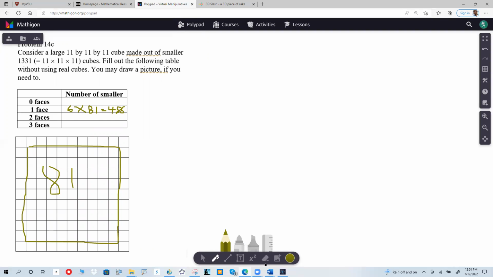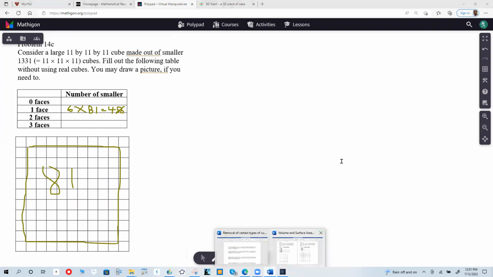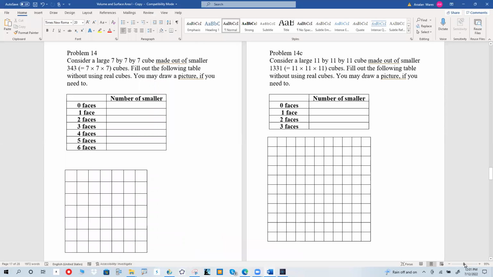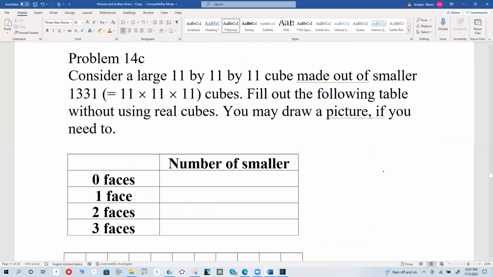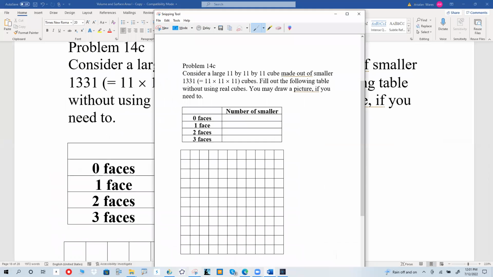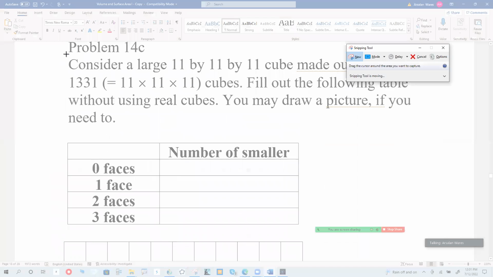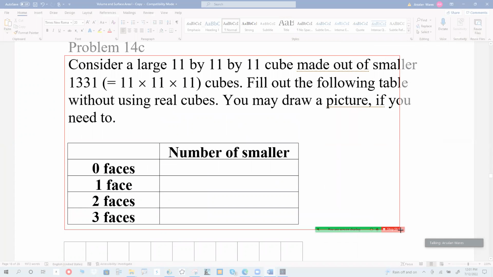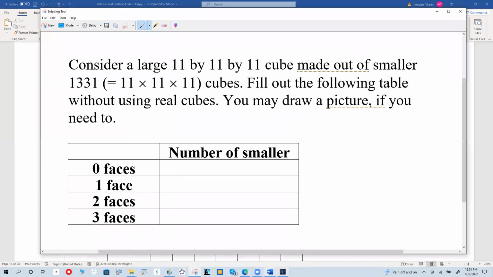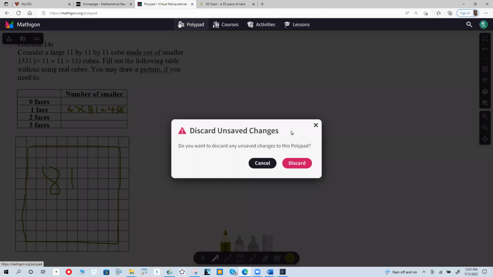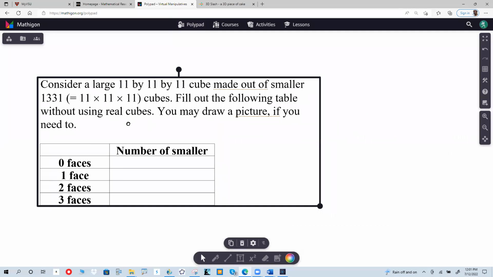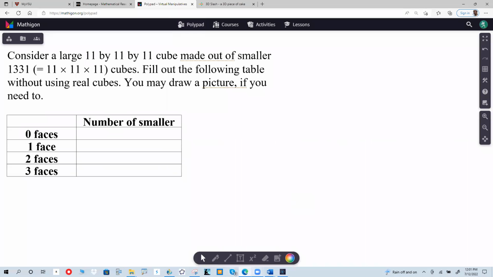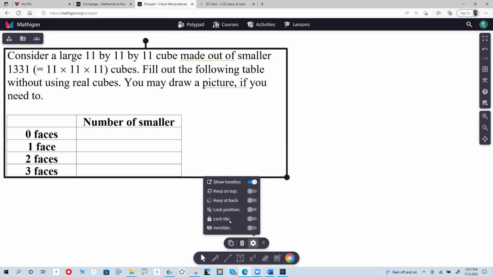Guys, unfortunately I need a bigger picture. I can't write there, so give me 1 second. Sorry about that. That's a little better. And I also need the table.